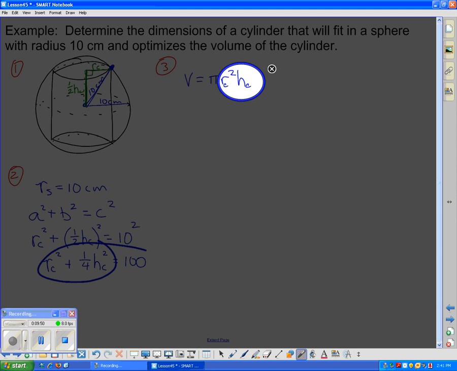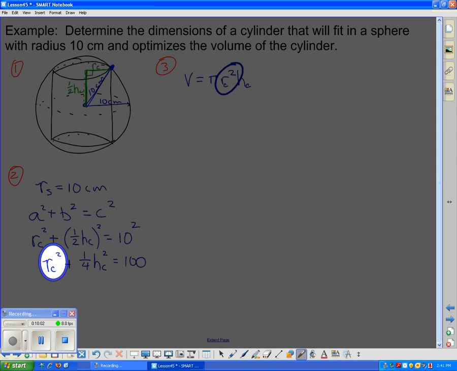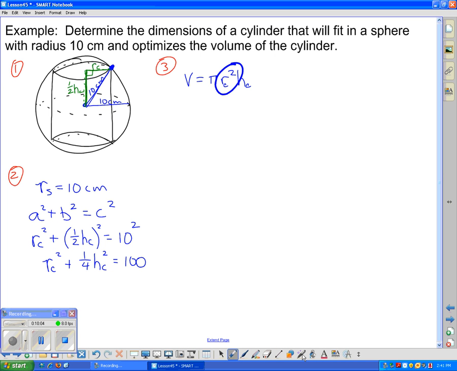Now we're going to figure out which one we want to get rid of or solve for. I'm going to rearrange it for r squared, because r squared is easily isolated, so it just makes the most sense for myself. So the radius of the cylinder squared equals 100 minus 1/4 height of the cylinder squared. That's what I'm going to substitute in.